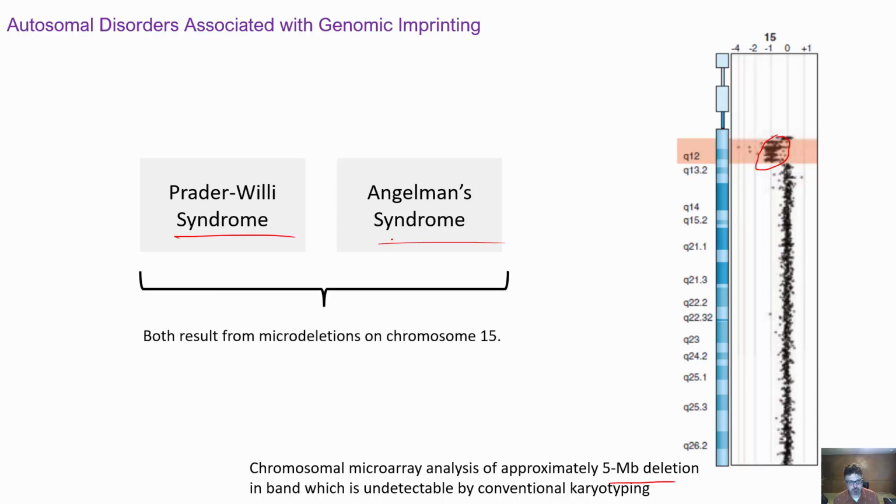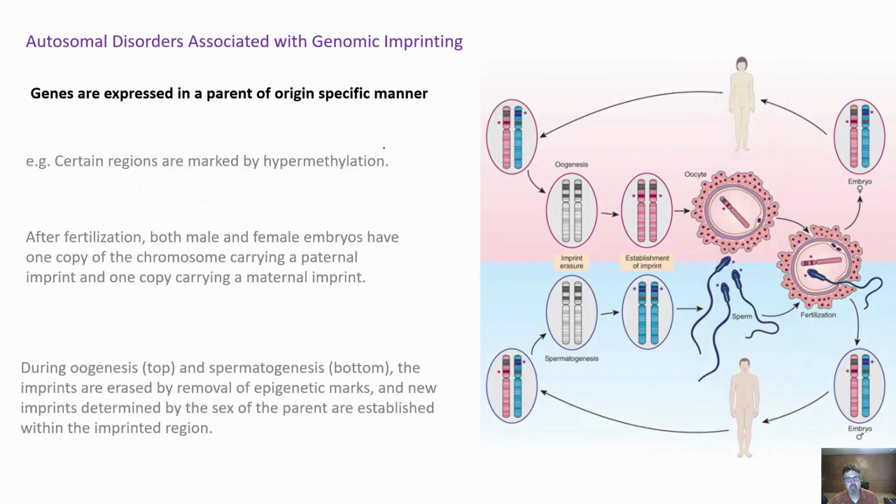Now, when we talk about these microdeletions, they're both occurring on chromosome 15, and this chromosome will actually be responsible for this genetic imprinting. When we talk about imprinting, what we're saying is that your chromosomes, as they are passed down to the next generation, have parts of them marked as coming from the mother or the father. If you remember a little bit about epigenetics, we can actually have hypermethylation.